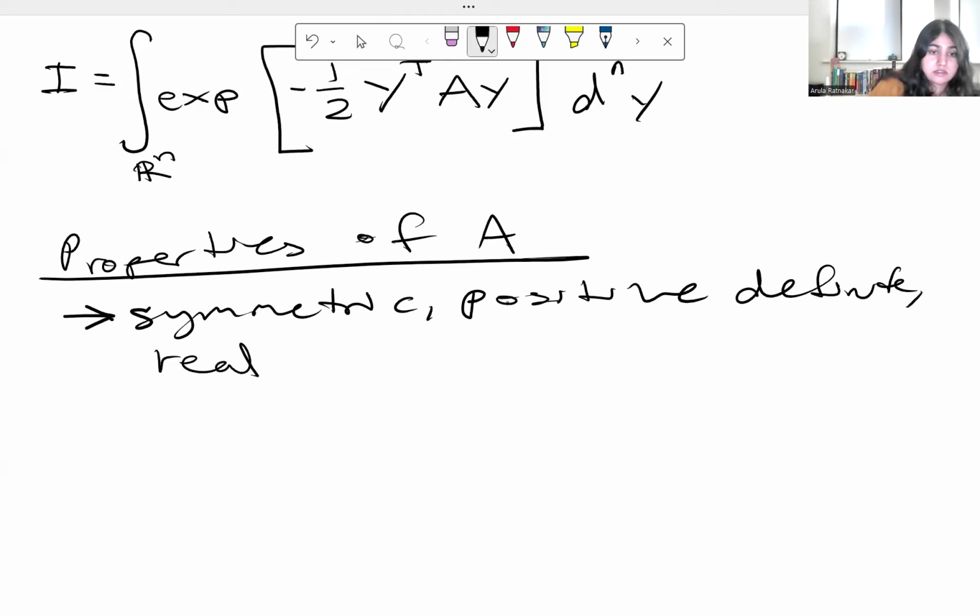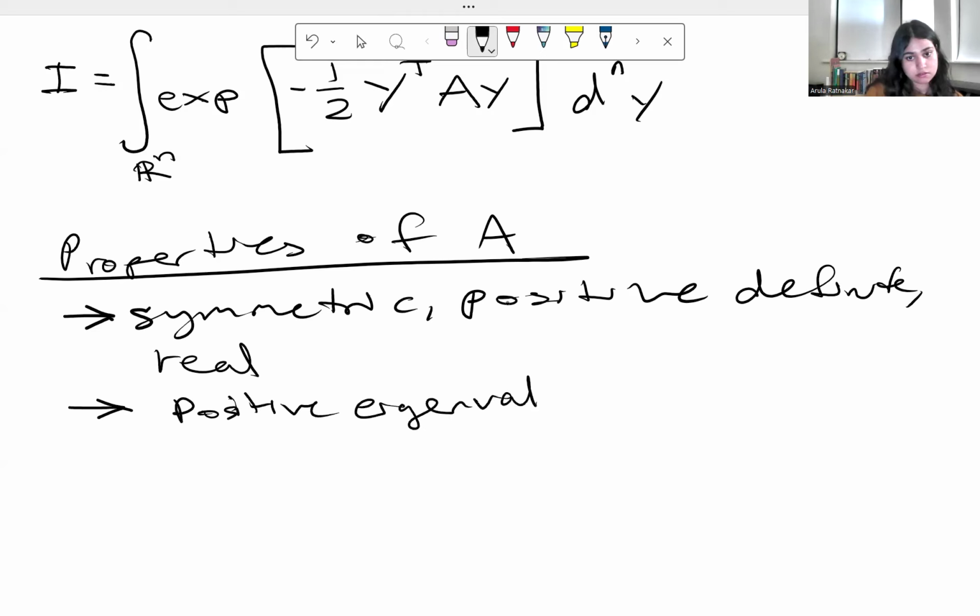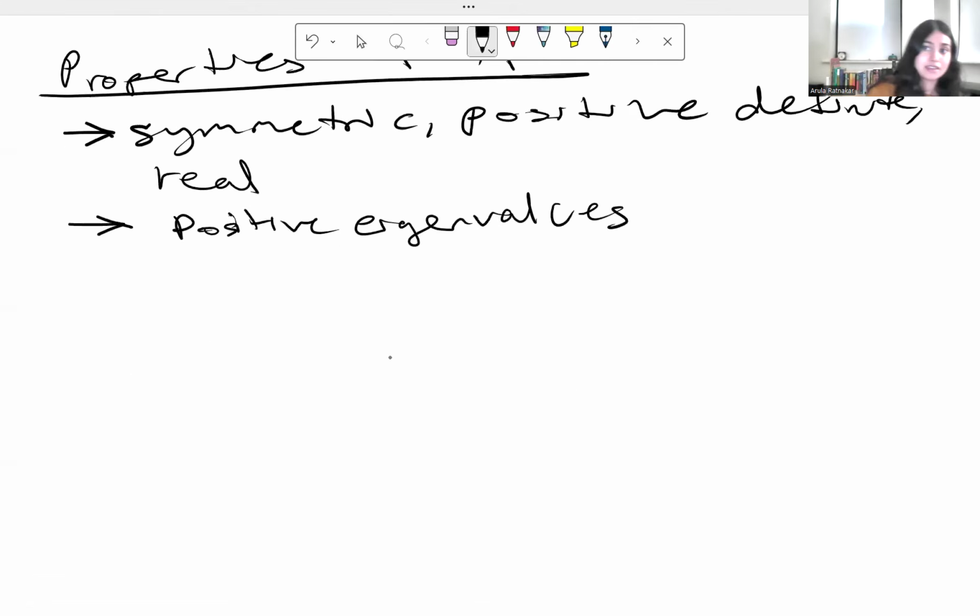Because it's positive definite, it has positive eigenvalues. And since it's symmetric, it means it's diagonalizable.